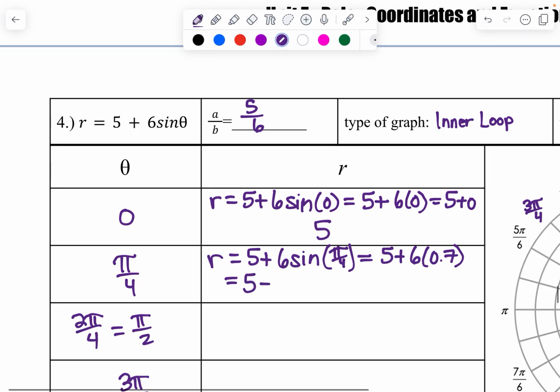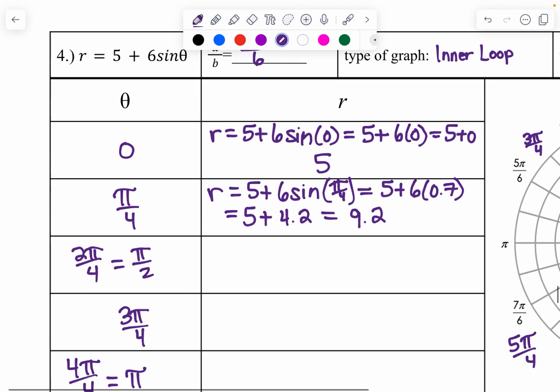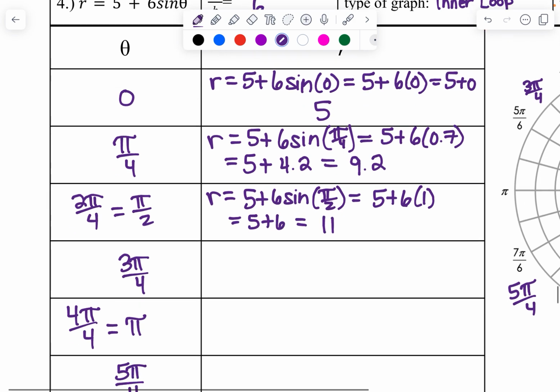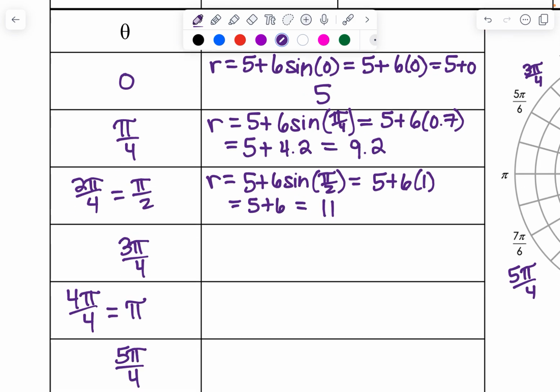So 6 times 7 would be 42, with 1 decimal place, 4.2. So we get 9.2. All right, next we're plugging in pi over 2, so we know the sine of pi over 2 is 1. And so then 5 plus 6 gives us 11.